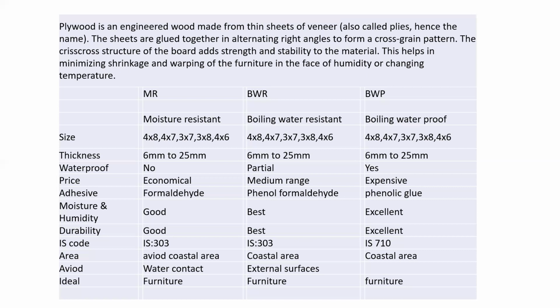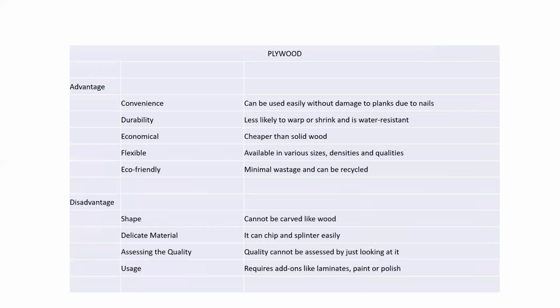The advantages are: it can be used easily without damage to planks due to nails; its warping and shrinking is less due to water resistance; it is economical compared to original solid wood; it is available in various sizes, densities and quantities; and since sizes and thickness vary, wastage is very low. It is even recyclable.